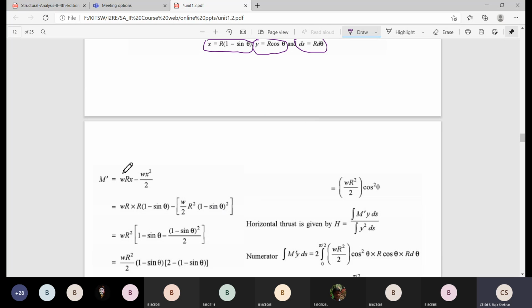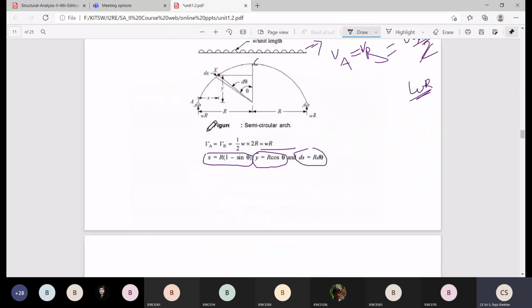Now calculate the moment at x. VA is acting in the clockwise direction, and this portion of load is acting in the anti-clockwise direction.